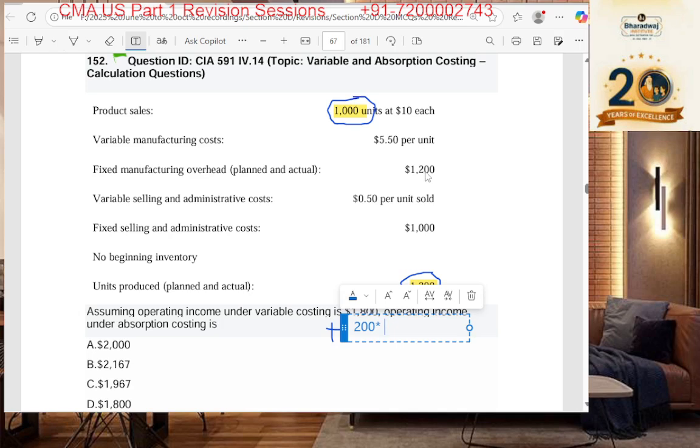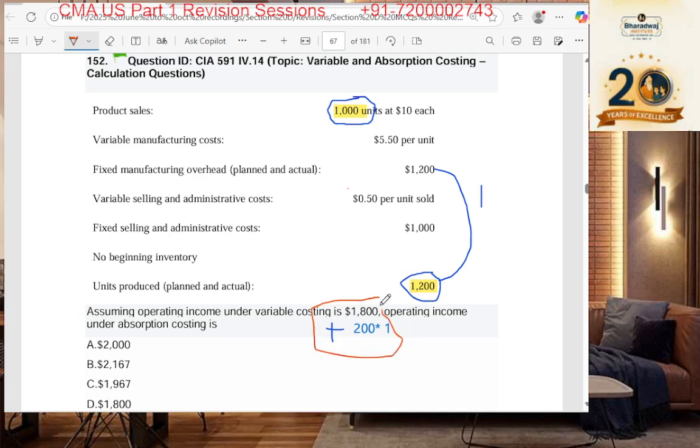What is the rate per unit? Fixed manufacturing overhead rate per unit. 1. So it will be 200 into 1. 1800 plus 200 into 1.